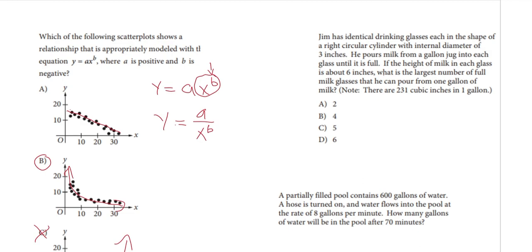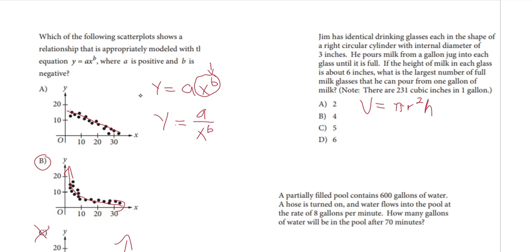So what we have to do here is figure out the volume of a full glass of milk, and then we're going to divide the volume of the gallon, which is 231, by that. The way that we find the volume of the full glass of milk is we're going to plug it into the formula pi r squared times the height.